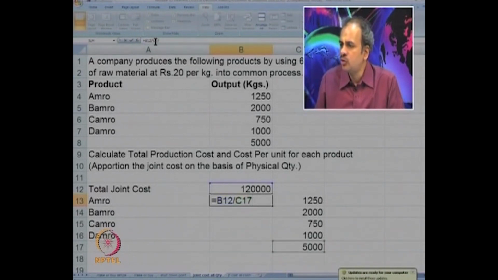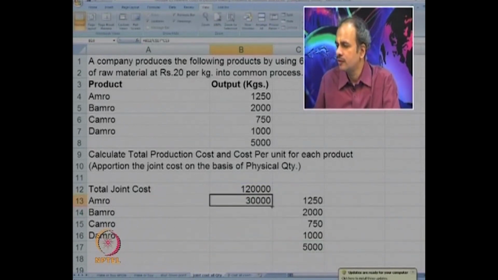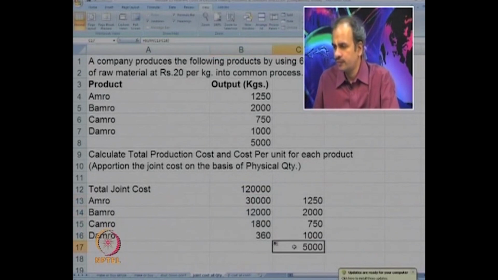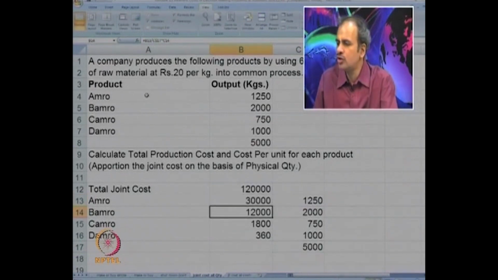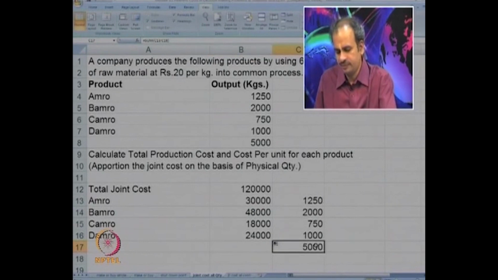Now we will try to charge the cost in the proportion of weights. I think there is some problem with the formula. In the numerator I should add the dollar sign, and now we will try to take a sum.